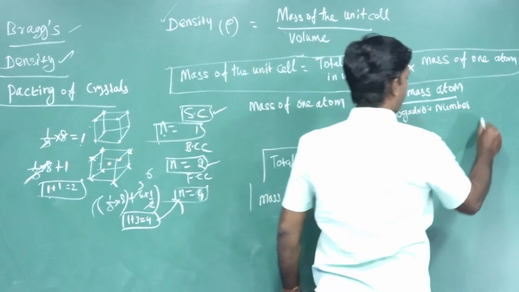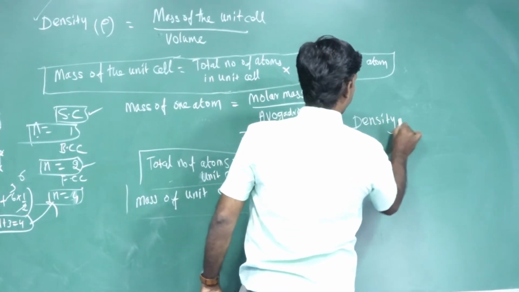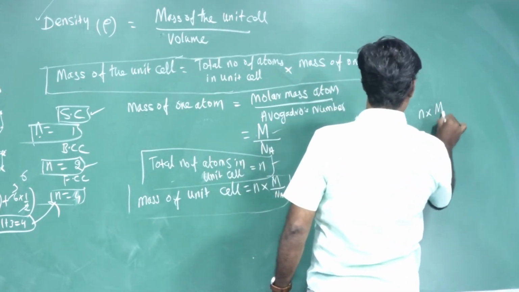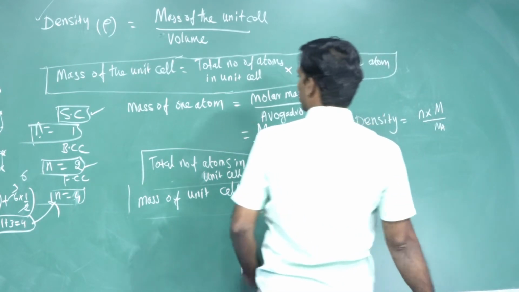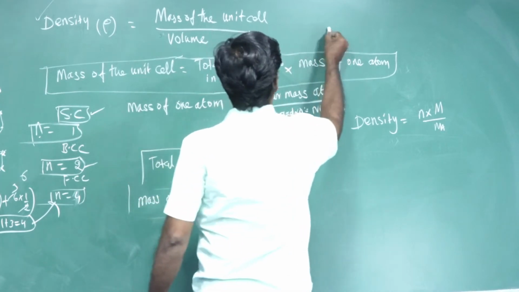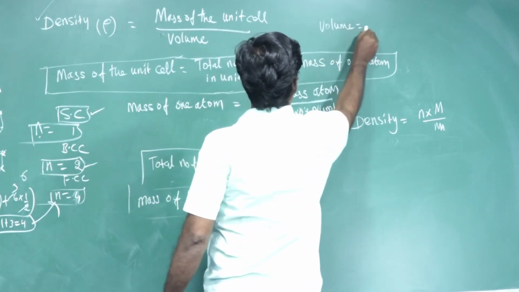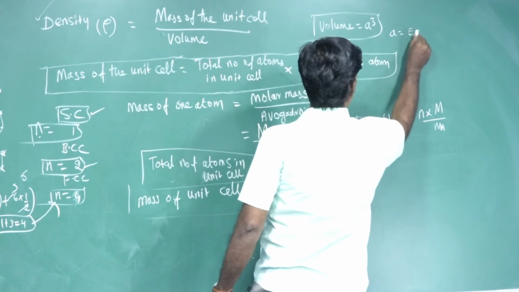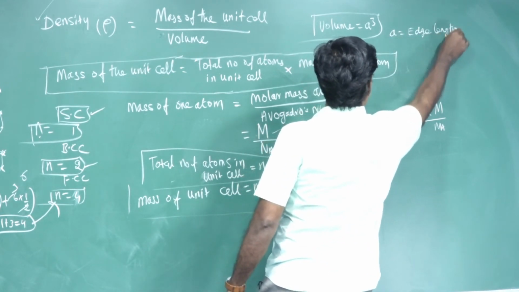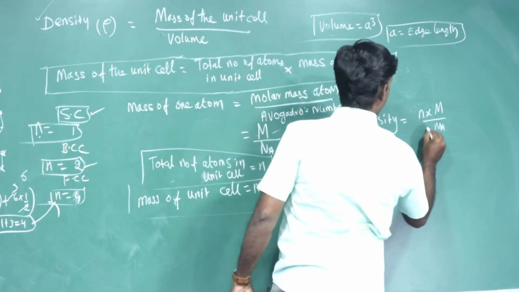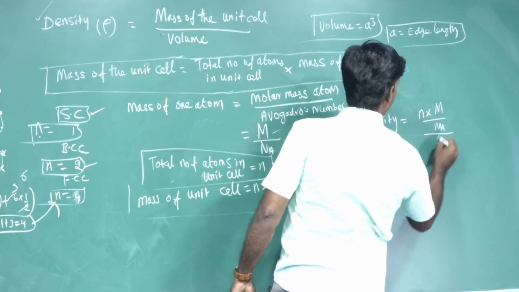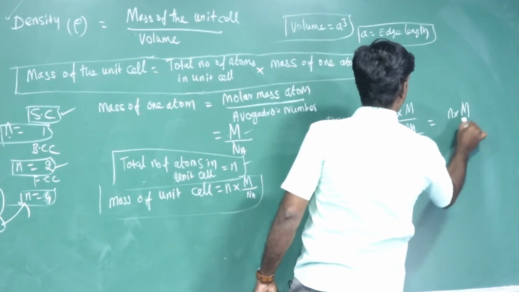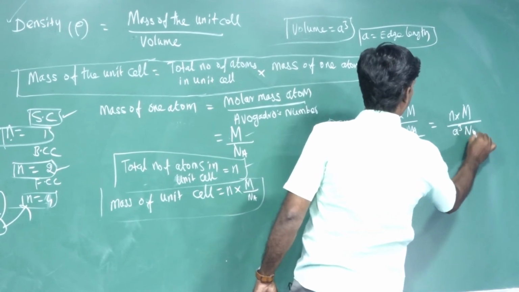So here density equals the mass of one unit cell, which is N into M by N_A. Then the volume of the unit cell is given by a cube, where a is nothing but the edge length. So the formula will be N into M by a cube into N_A.